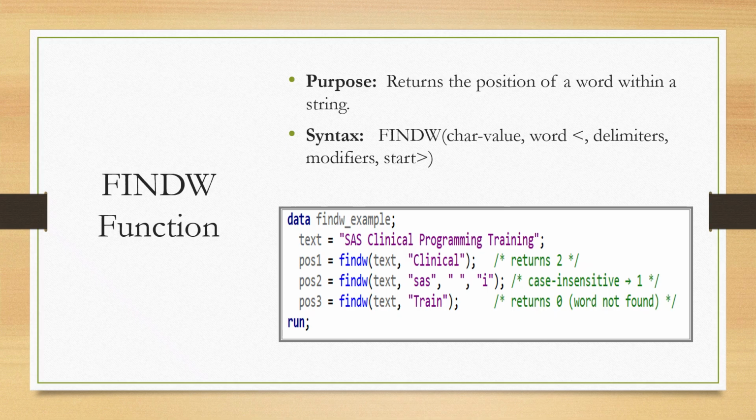So what the FINDW function does is that it checks for the complete word, and as shown in this example, since the word training is not the same as train, the result of the FINDW function for searching train in the text variable here will return a value of 0 because it did not find the word train, and it will not consider the train in training as the word which we are trying to search here.